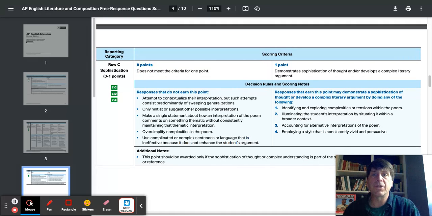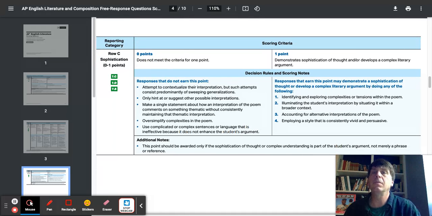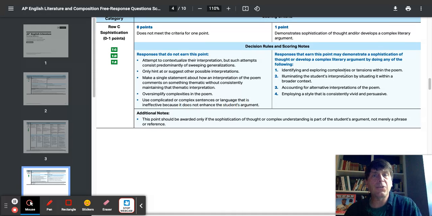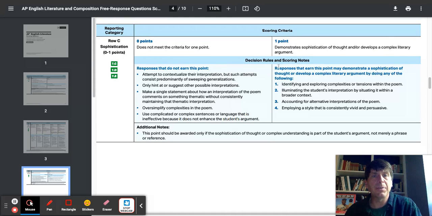For example, in the poem Plants that we just looked at, there's a lot of tension between the brainless beauty of the plants and the fact that they keep trying to take over the world. That's a real tension. It's not completely clear what the poet's trying to say all the time. So that's what you really want with sophisticated arguments.